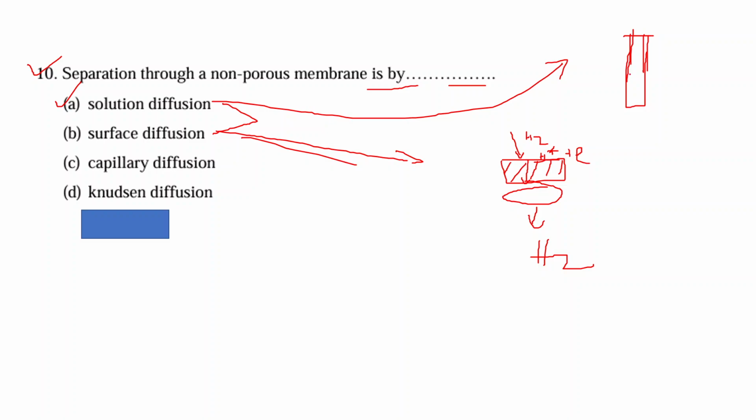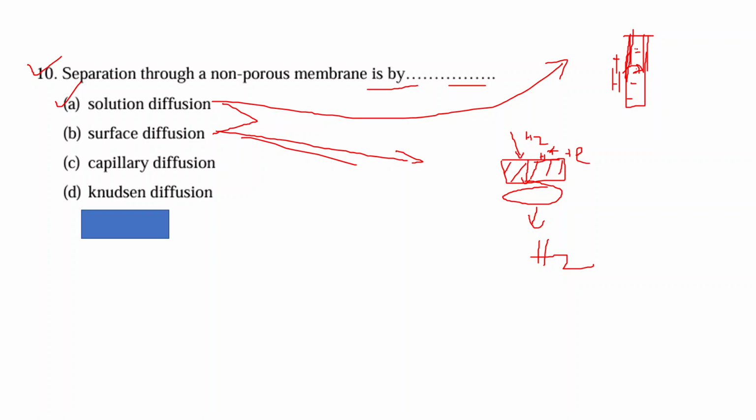Suppose you want to pass H plus ion from one side to another side, so a negative fixed charge is attached. This negative fixed charge will attract the H plus ion, and a series of negative charges will be there at the molecular level. This H plus will hop from one negative fixed charge to the next, and in such a way the H plus ion will migrate from one side to another side.